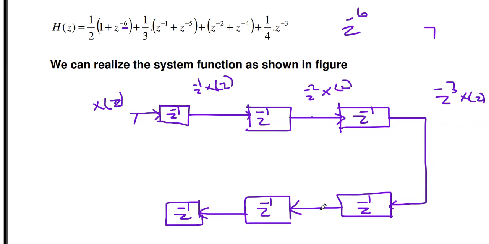Similarly here, z power minus 4 into x of z. Here, z power minus 5 into x of z. Similarly, here z power minus 6 into x of z.